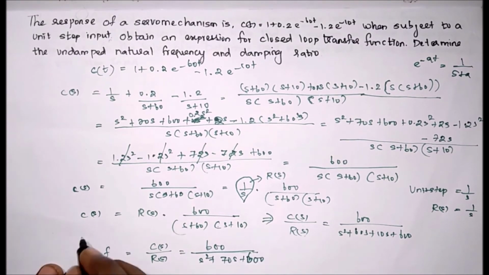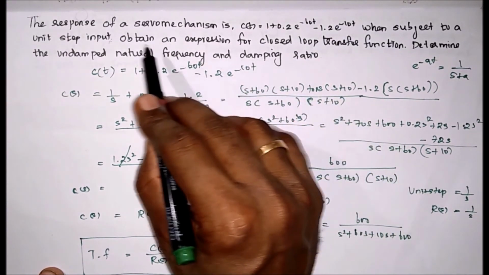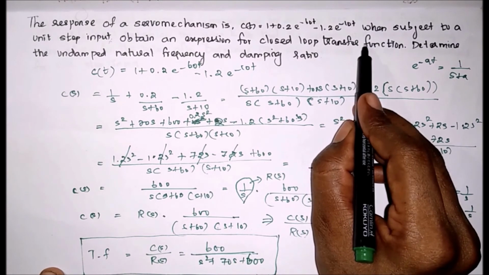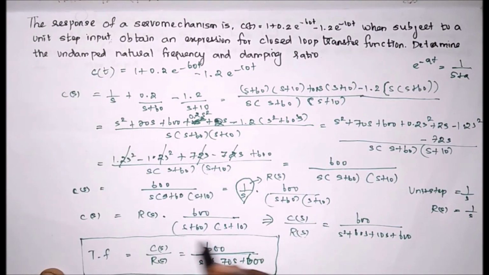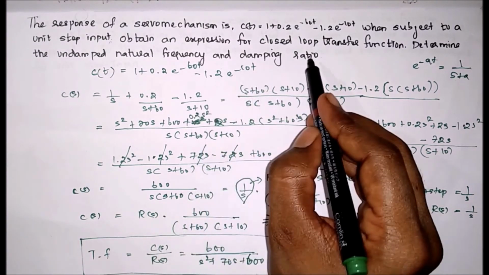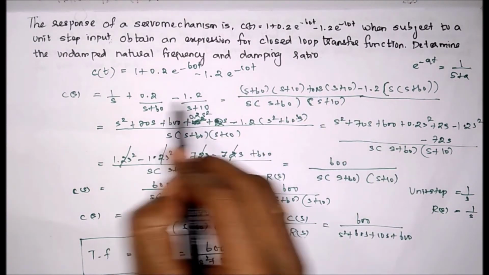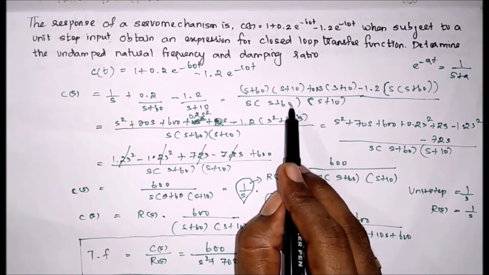Actually this is the first requirement: obtain an expression for the closed loop transfer function when subjected to unit step input. Suppose if the given problem is for unit ramp input, then we have to consider 1 by s square. But here, we just applied the Laplace transform and then rearranged it, taking the LCM.